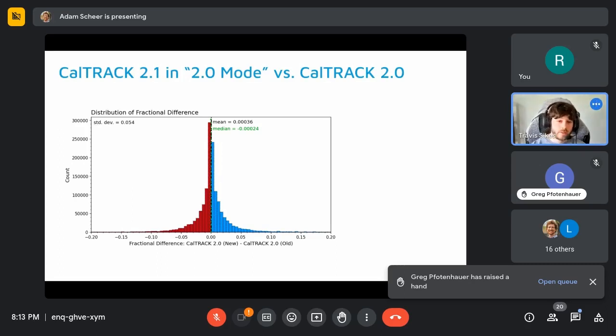This plot does not show if the differences are better or worse. We're simply comparing: do they match? But when we look at the RMSE, which is how we judge the fit of both CalTrack 2.0 and CalTrack 2.1 in 2.0 mode, legacy mode, whatever we want to call it, frequently it is slightly better in 2.1 because we are not doing a grid search, so we're able to get a finer resolution.